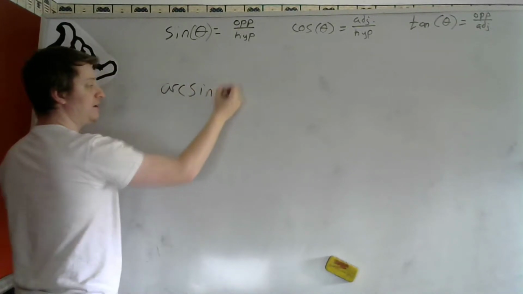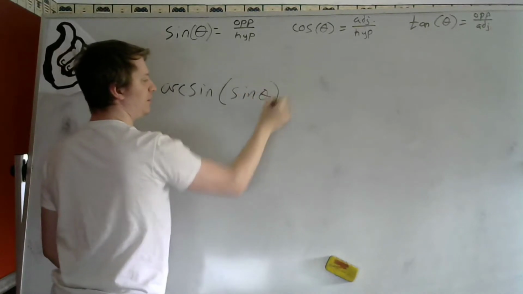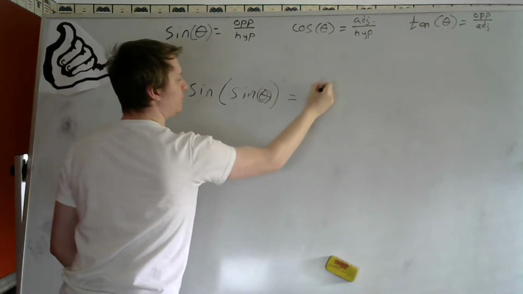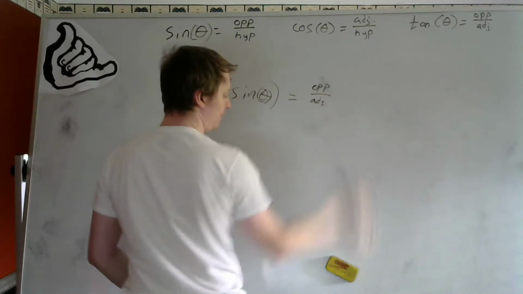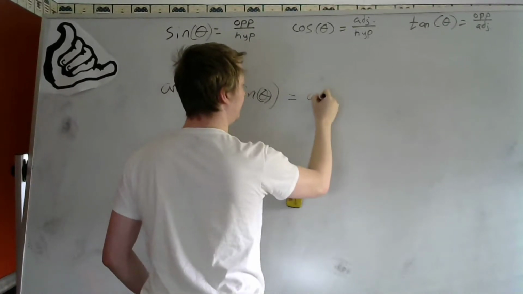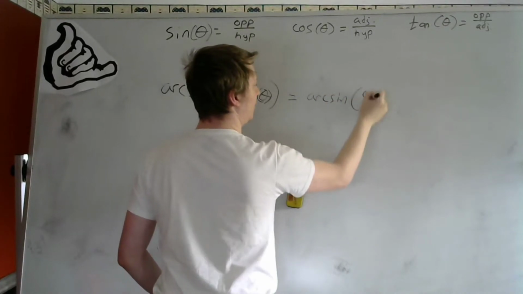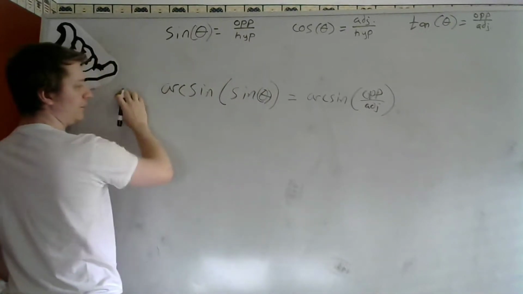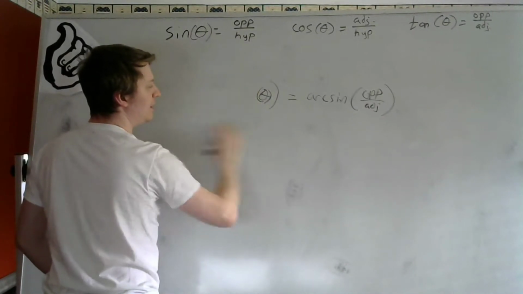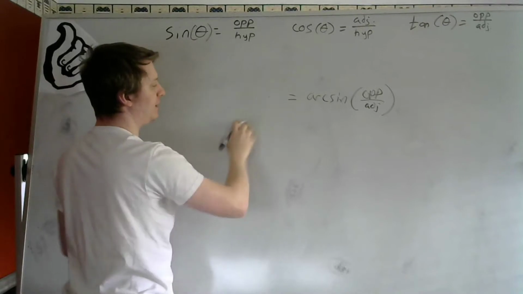So arc sine of sine theta equals opposite over hypotenuse. Arc sine of opposite over hypotenuse. And then the arc sine and sine cancel out. It's just another way of saying the inverse sine.